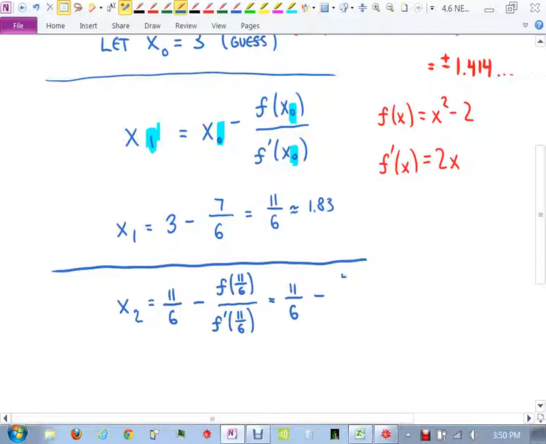I'm getting 49 over 36 over 22 over 6. And then you can flip and do all that stuff. I get something like this: 11 over 6 minus 49 over 132.